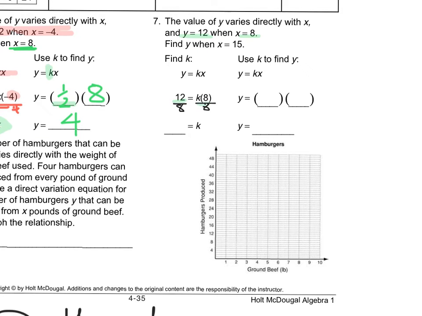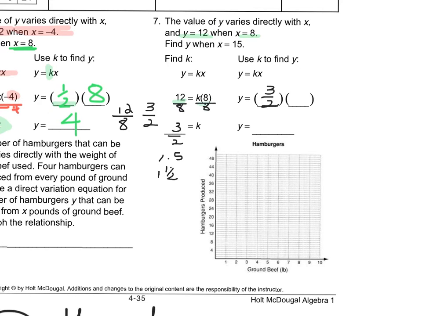I can just reduce it, or I can make it a decimal. I can divide them both by 4. 4 goes in here 3 times. 4 goes in here 2 times. So you can make K either 3 over 2, or 1.5. When I put it in here, I'm going to leave it 3 over 2.